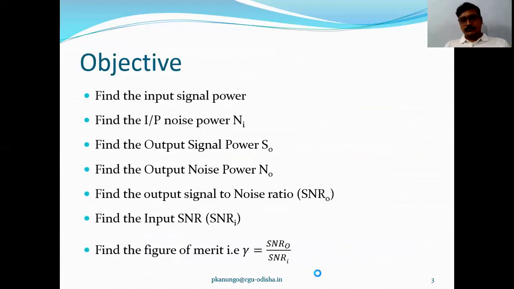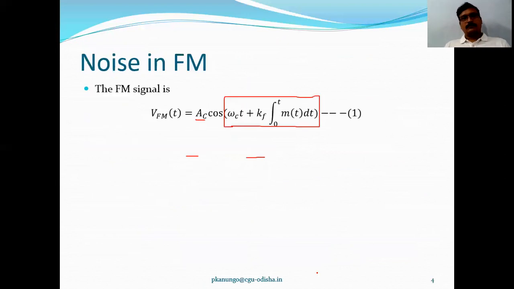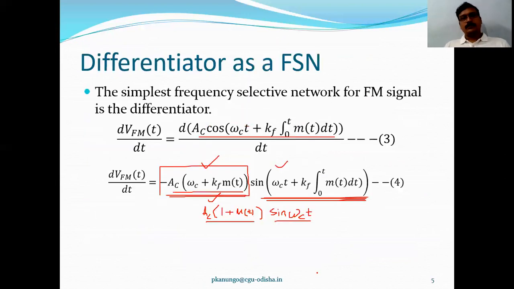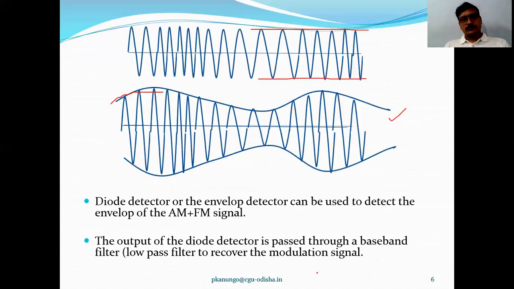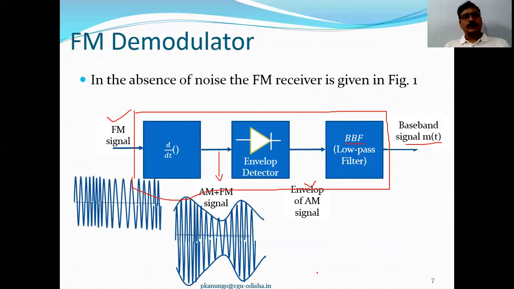Now if we go through the same point, look at how it looks. Here we get this FM signal, then this will be the envelope of the AM signal, and once we pass this through the baseband filter, we can get back our baseband signal.